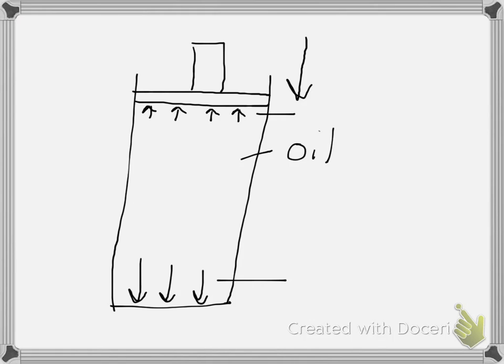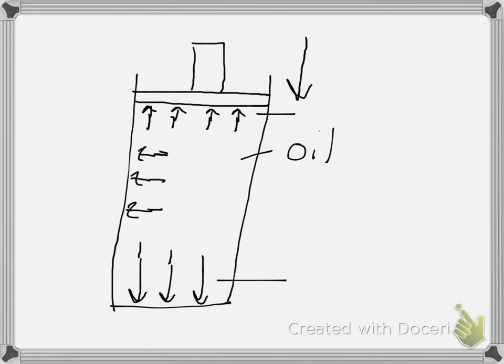However much pressure is changed up here will be the same change in pressure that I experience down here. Of course there's also pressure exerted outward on the sides, and those get uniform changes too. So the change in pressure is the same everywhere.